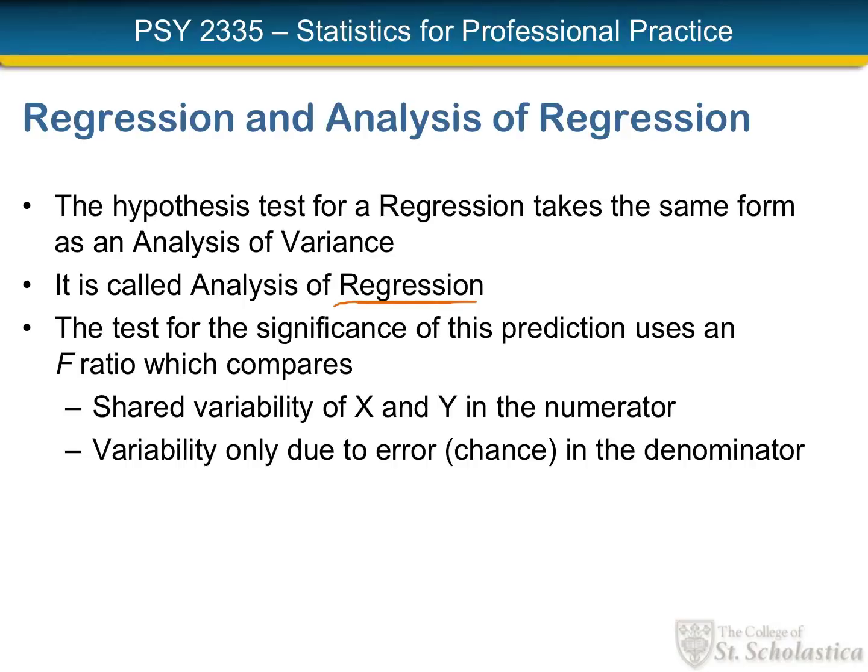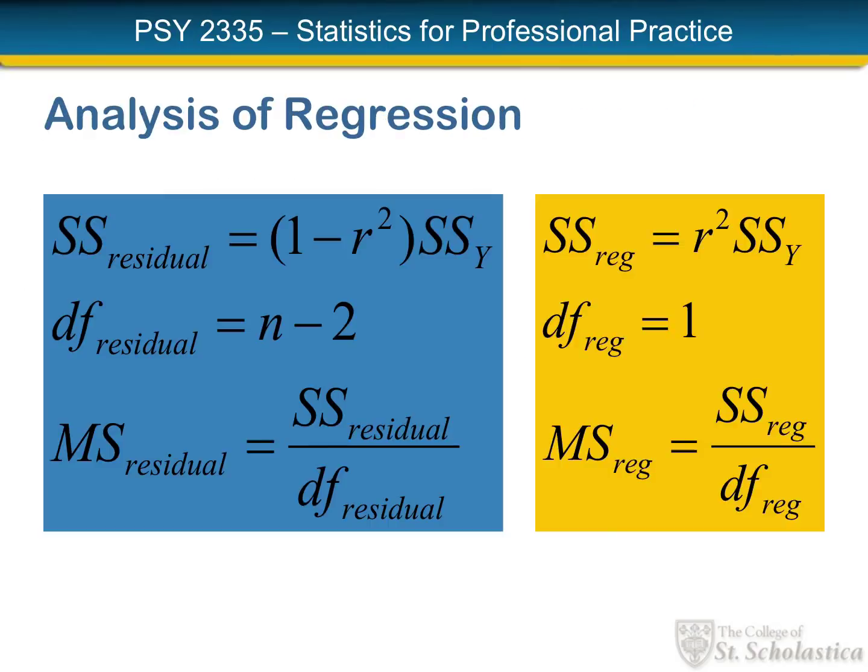It will look at the shared variability of x and y in the numerator and the variability due only to error or chance in the denominator, just as we had a systematic component and an error component when we were looking at the analysis of variance. So our systematic component is in the numerator and our error component will be in the denominator. This slide shows us the equations that we would use if we were having to compute this by hand.